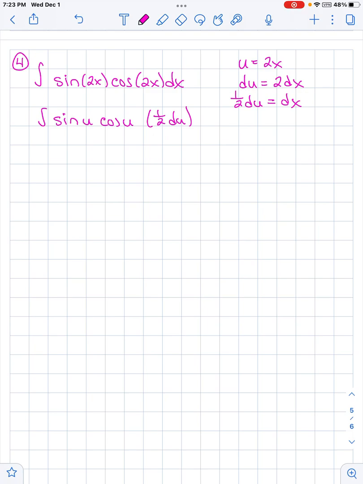The problem is I still don't know the antiderivative of sine times cosine. So letting u equal 2x in this situation did not make this problem any more simple. There is not an antiderivative that we're aware of, not a simple one, for sine times cosine. I can't think of anything where if we find the derivative, we get sine times cosine. So letting u equal 2x was actually not the correct approach.